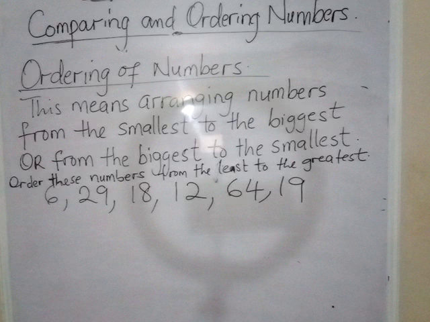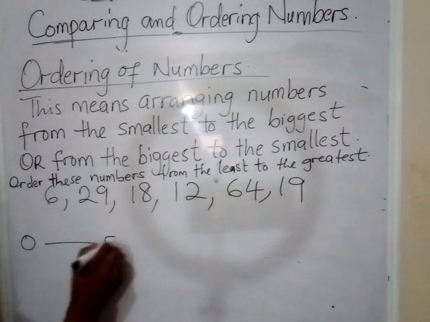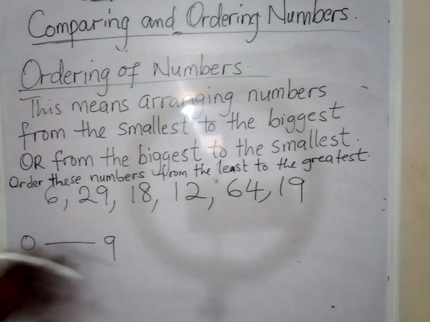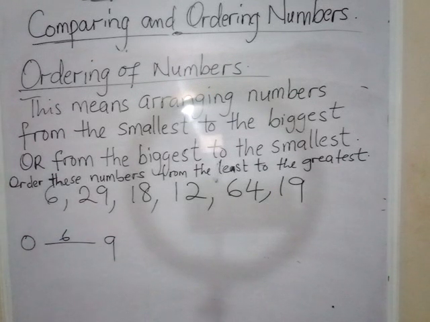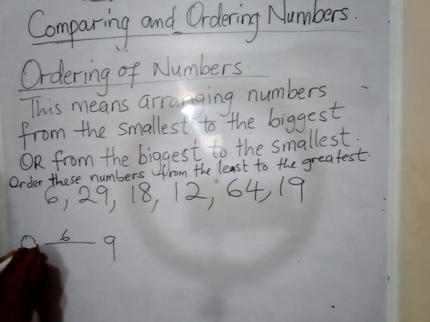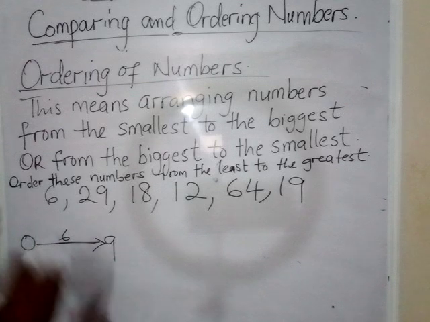Now we're going to use our knowledge of numbers, okay? Remember, we've learned about numbers, and we said that all the digits that exist are from 0 to 9. And in between these two digits, you have the number 6. As you move from 0 to 9, the values of these numbers keep increasing.